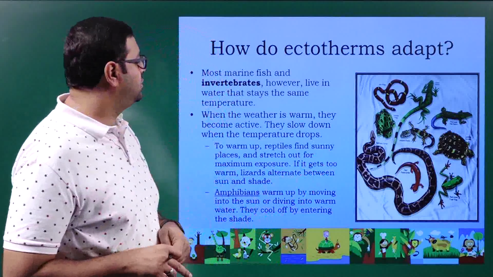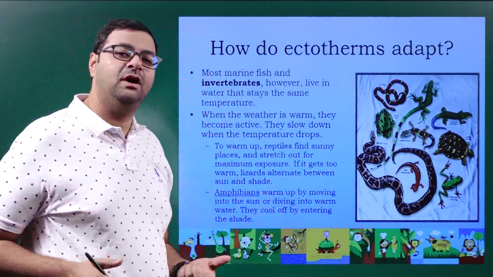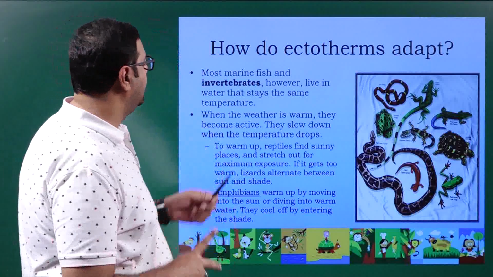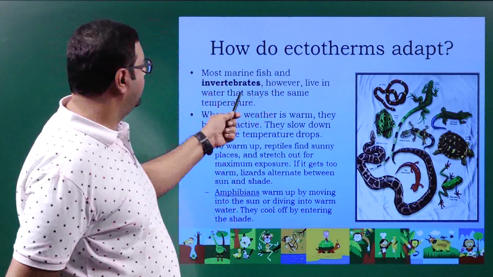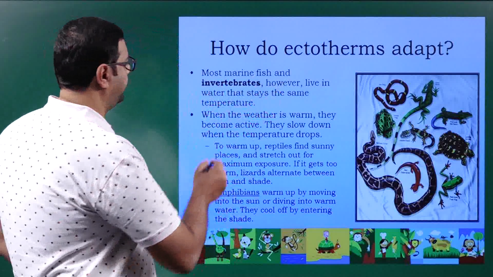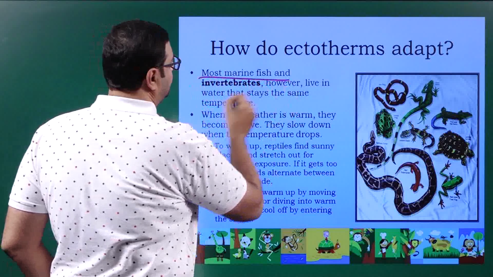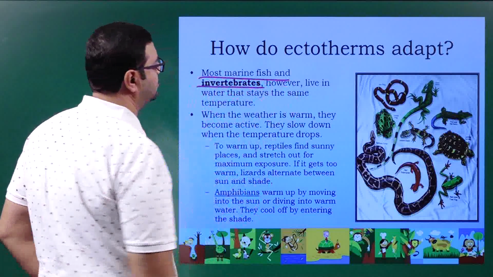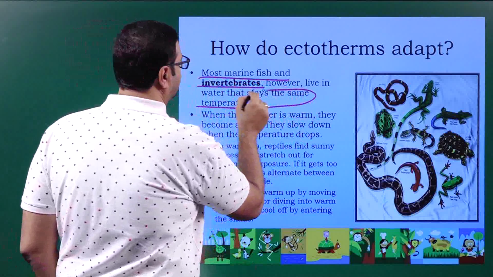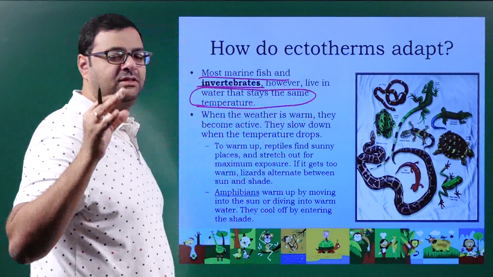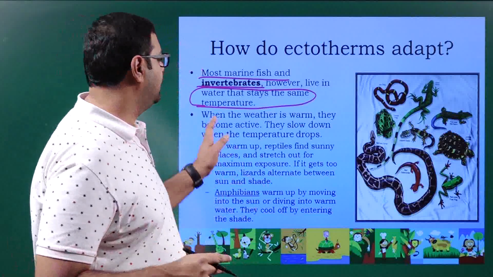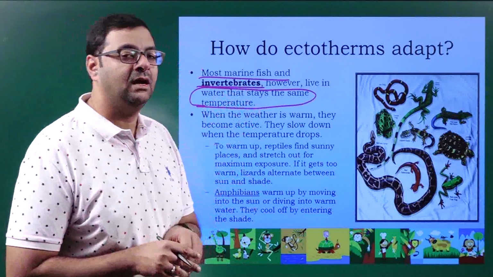Most marine fish and invertebrates, which don't have a proper vertebral column, live in water that stays the same temperature. Marine means they are staying in water, and because water does not change in its temperature much, there is not much fluctuation. So these organisms happily live in that particular environment.